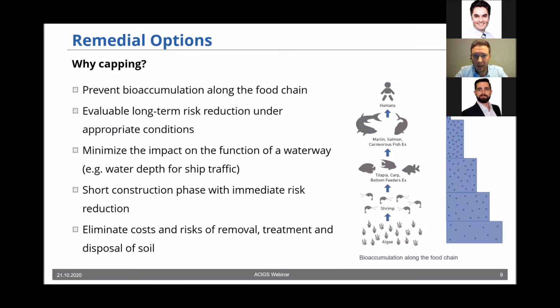Why capping? Why do we do a capping? The first and the most important thing is to prevent the bioaccumulation along the food chain. This is what you can see here on the picture.